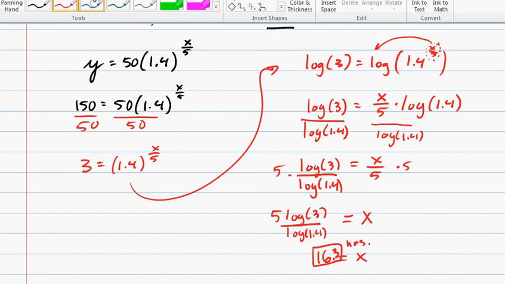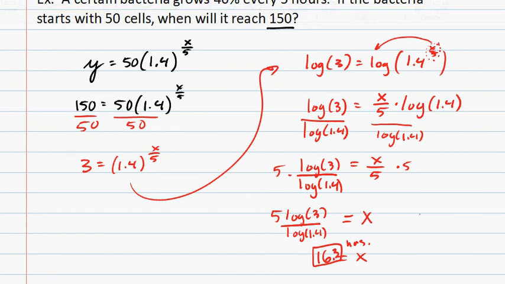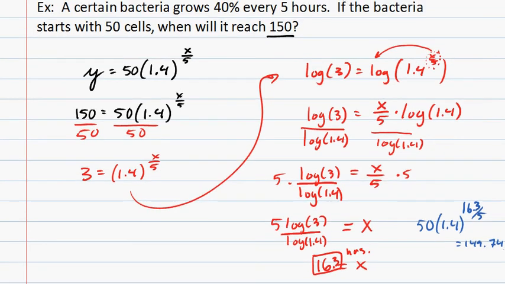Now the nice thing about these is we can always check our answer. We could do 50 times 1.4 to the 16.3 all over 5. I'm going to do that real quick here. And the answer I get is 149.74, and a bunch of decimals. Now as far as we're concerned, that is close enough.